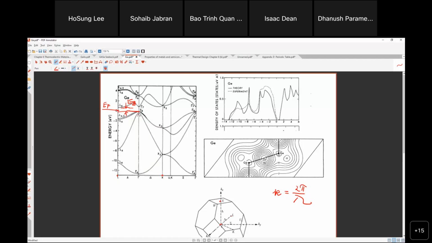At least three, four, something like that. We can see that. I believe this is energy. So this is the valence band and this is the conduction band. The energy gap, this is the energy gap.